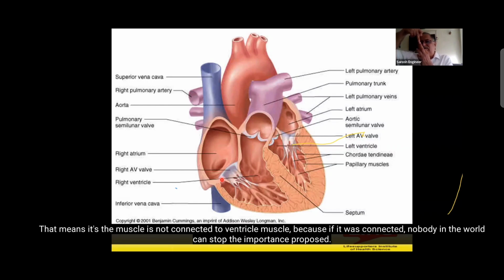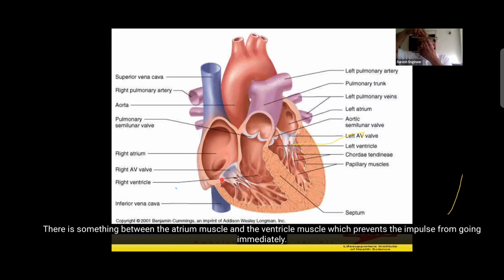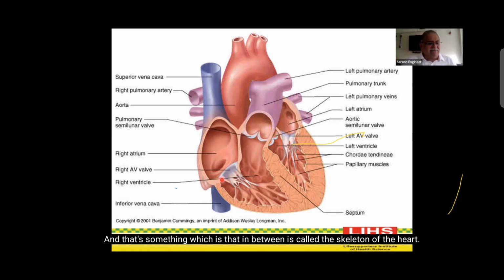Because if it was connected, nobody in the world can stop the impulse from going. That means between the atrium and the ventricle, there is something. There is something between the atrium muscle and the ventricle muscle which prevents the impulse from going immediately. And that something which is there in between is called the skeleton of the heart.